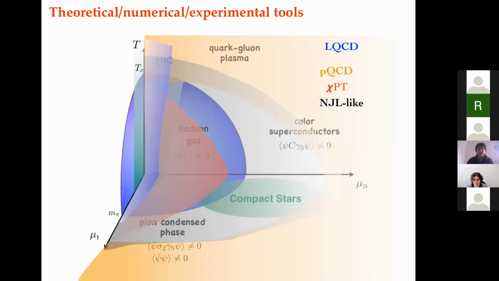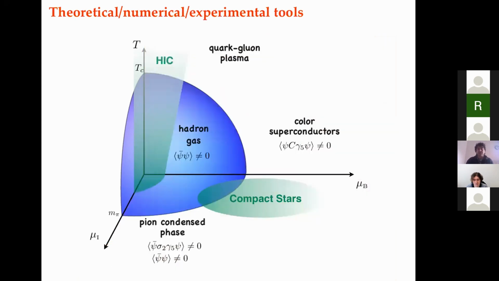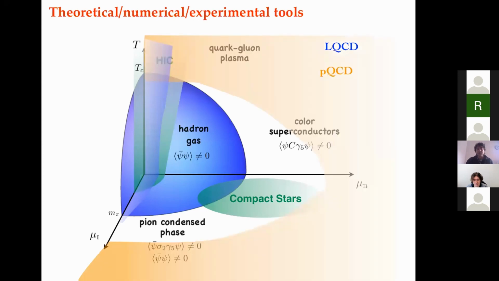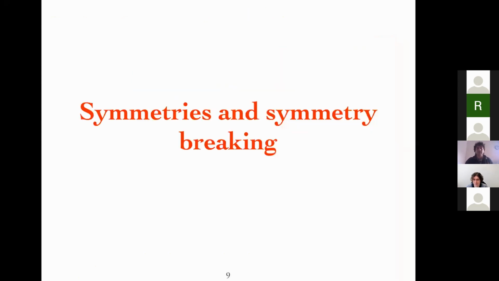Now the good thing about all of these is that you can see a certain overlap among them, especially close to the T-axis and mu_I axis. There is much less overlap as you increase mu_B, especially because lattice simulations are not doable because of the very well-known sign problem when you have a mu_B different from 0.